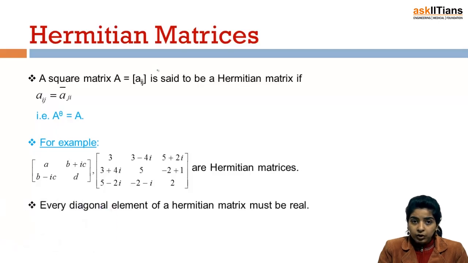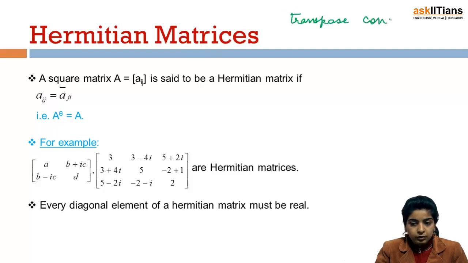An important concept related to Hermitian matrices is the conjugate or transpose conjugate. We'll come to the definition of Hermitian matrices later. First we'll discuss the concept of transpose conjugate, right?